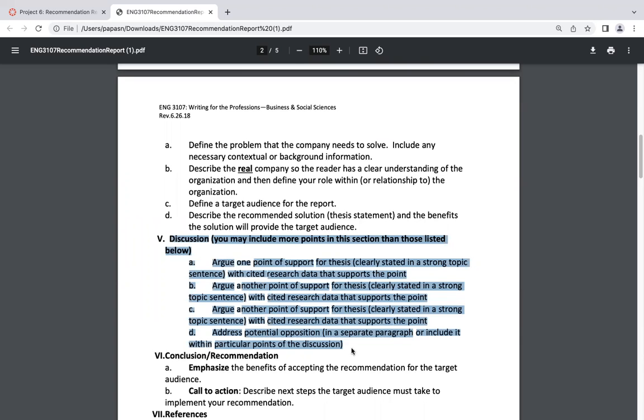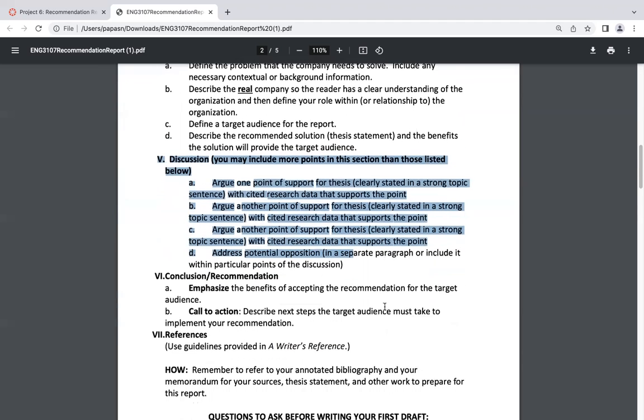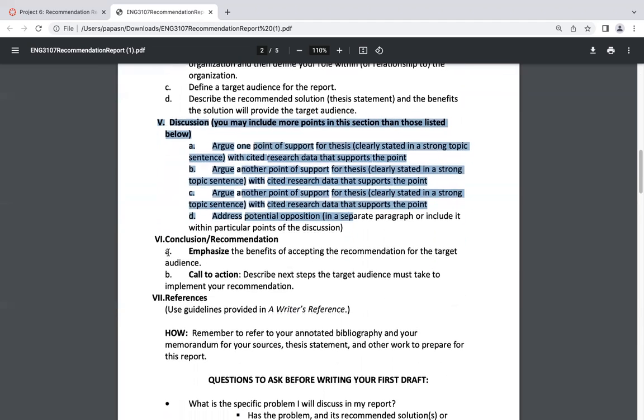That is where you're really making your points and even addressing opposing viewpoints. So we're looking for strong organization within that. And we have the conclusion, and it lists some of the key aspects that we're looking for there, just reiterating things that you probably already said, and then the call to action. And of course, make sure to include your references.